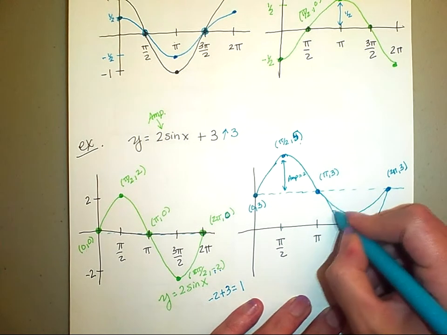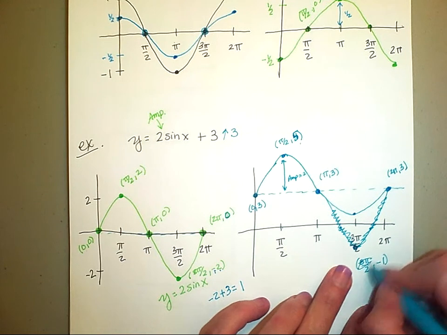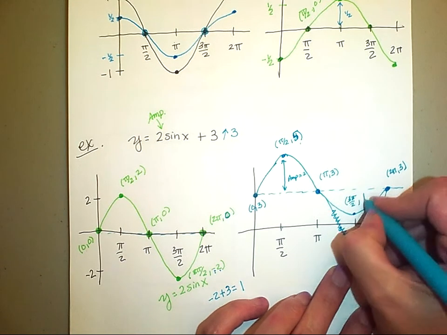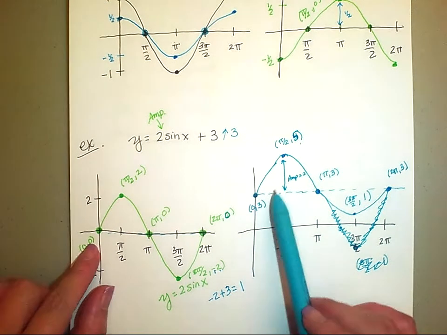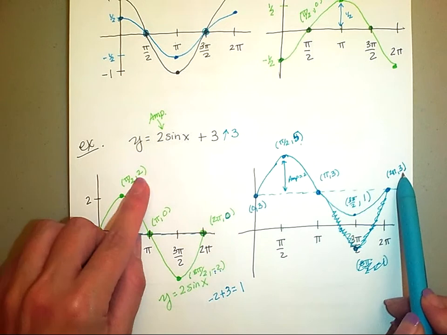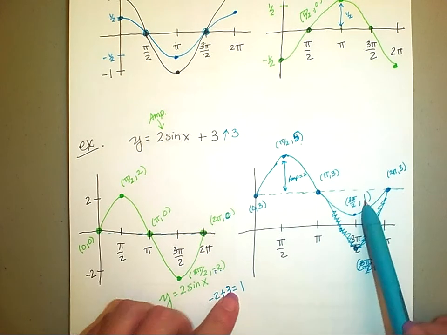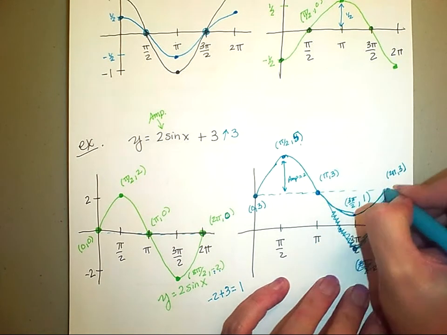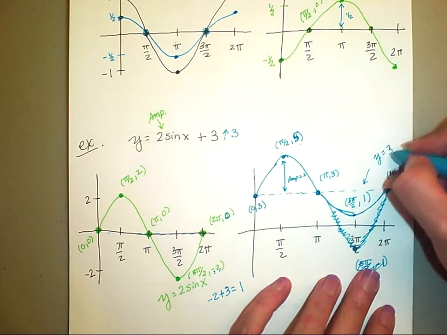So this is the point (3 pi over 2, 1). Okay, so now let's make sure: 0 plus 3, 0 plus 3, 0 plus 3, 2 plus 3 is 5, -2 plus 3 is +1. Whew! That wasn't supposed to be that difficult. And notice that our midline is the line y equals 3.